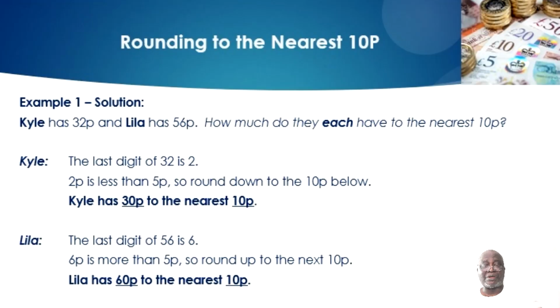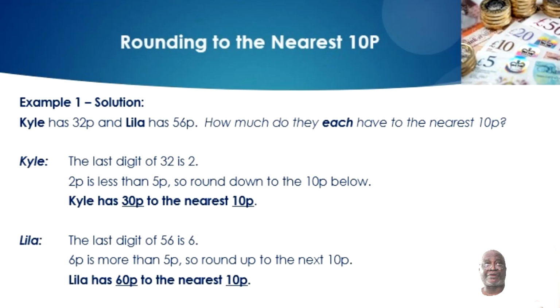Kyle has 30p to the nearest 10p. Leela, on the other hand, the last digit of 56 is 6. So what happens? She rounds up to the nearest 10p, and then 56p will become, yes, 60p.